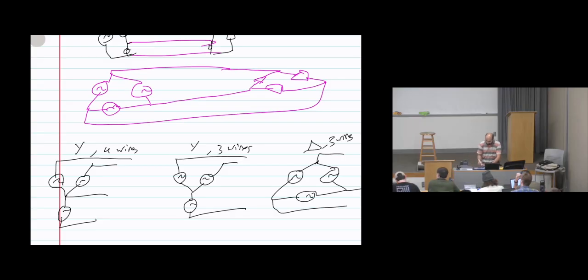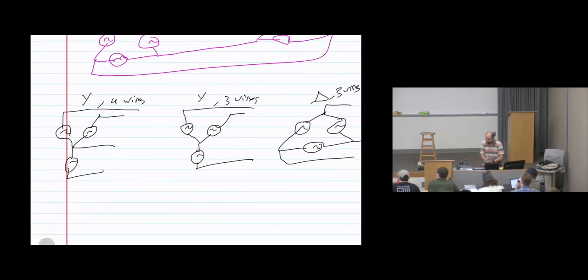What's the difference here? Between Y with 3 wires and Y with 4 wires, the neutral exists. With Y with 3 wires, the neutral exists, but no wire.